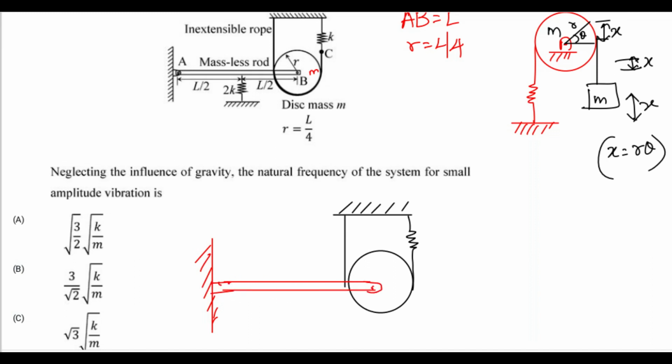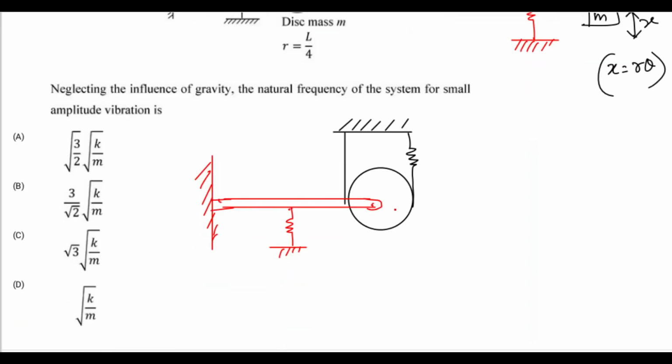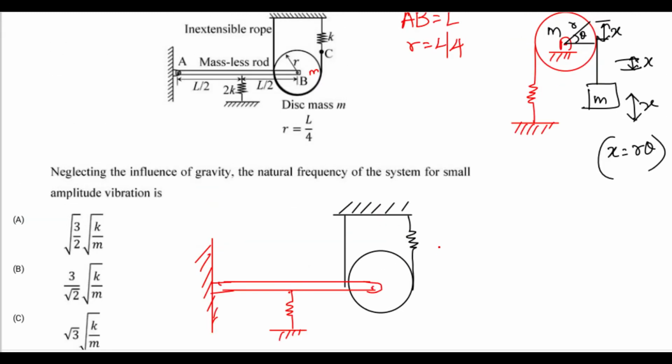This is a massless rod. We have a spring of 2K. Then we have disc mass M. No need to write it over here, it's already given in the question itself. So we'll just write what was required for us. And spring stiffness is required for sure. This is 2K and this is K.